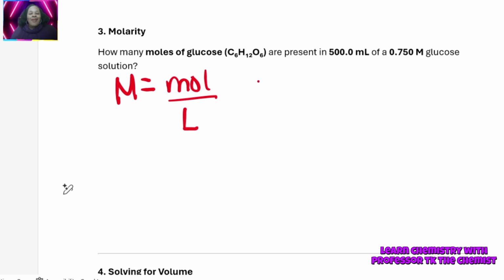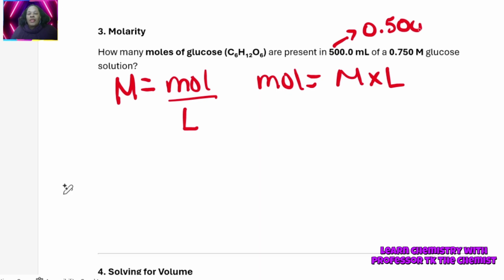To calculate my moles, it's going to be equal to molarity times the volume, which is liters. You'll need to convert your 500 milliliters to a liter, which is 0.500 liters. All I did was divide that by 1,000, but I know what milliliters is equal to a liter because of doing conversions a lot.